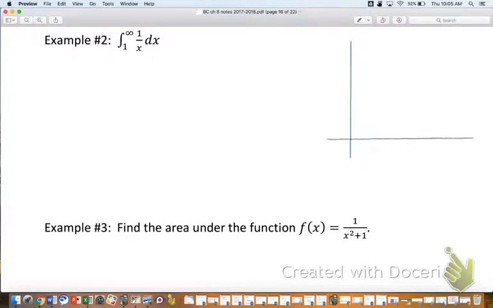Hey guys, I'm going to sketch out a graph real quick. Would you guys agree that this graph, at least for the part that we care about, looks pretty similar to the last one? Other than, obviously on the last one, the left half was up in the second quadrant. This time it's down in the third.